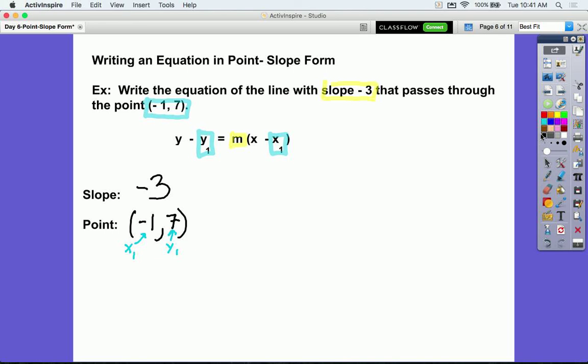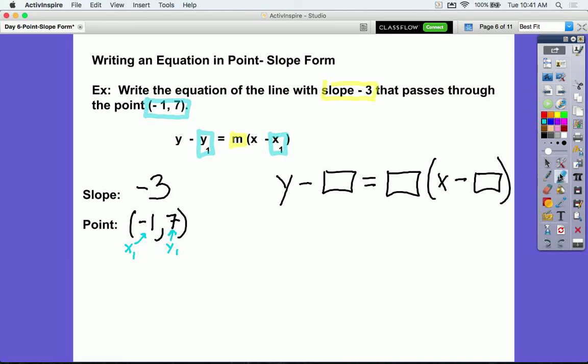We know that the equation is always going to be in this form: y minus blank is equal to m, that's our slope, times the quantity of x minus blank. This is our linear equation in point-slope form. Now all I need to do is plug in a whole bunch of numbers. I know that my slope value is going to go in this spot, so I'm going to fill this in with a -3.